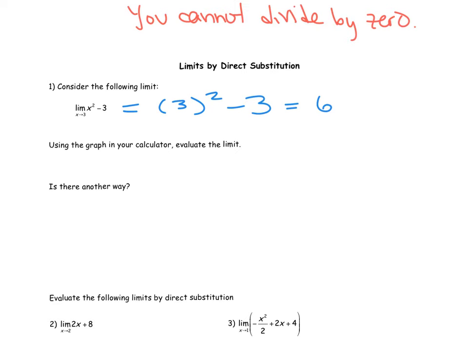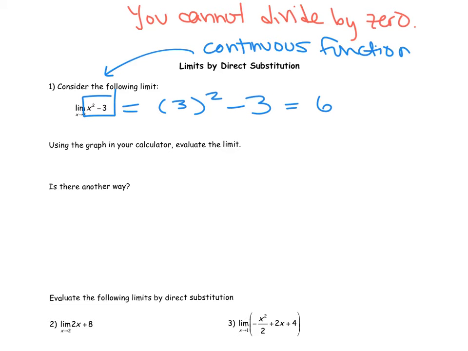And again, really important to talk about here, this is a continuous function. So we know that this is a continuous function. If we were to graph this and check the limit from either end, let me make a little sketch here. So if we were to graph this, my graph would look like this.